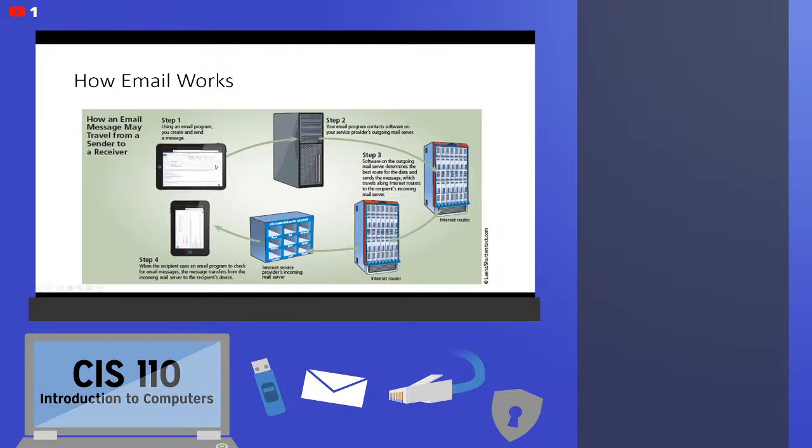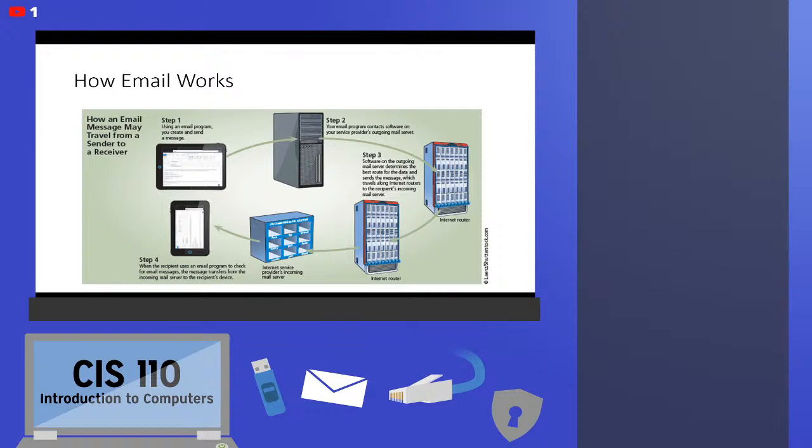It's being sent out based on your domain name, right? So if you're using your CCC student email address, it's going out via the my.clevelandcc.edu domain outgoing server. If you're using a Gmail account, it's using the Gmail outgoing server. Whatever, you have to have this server to send this message out.